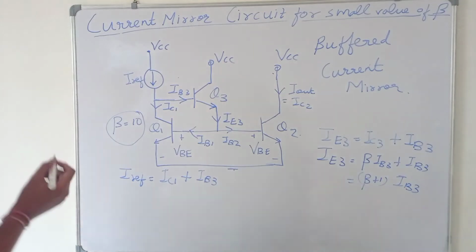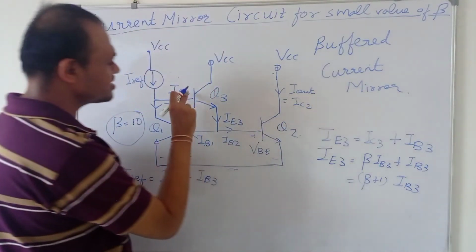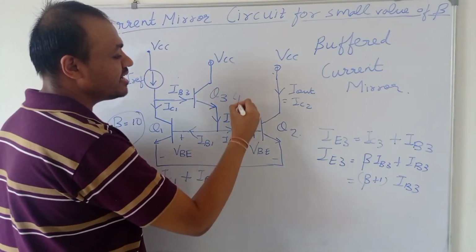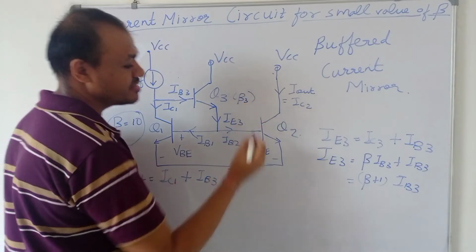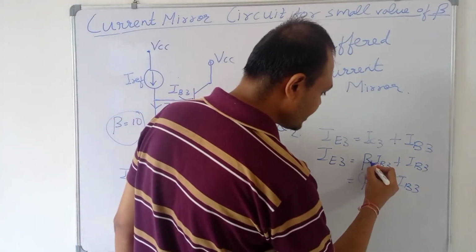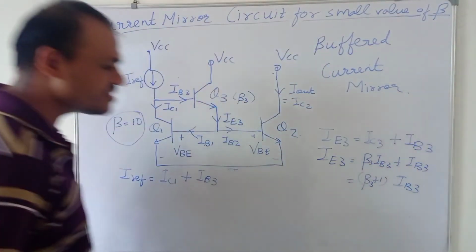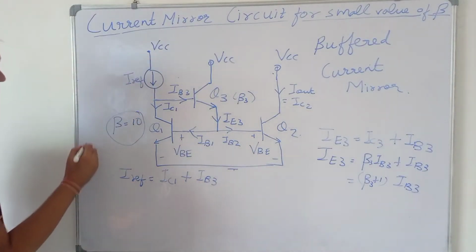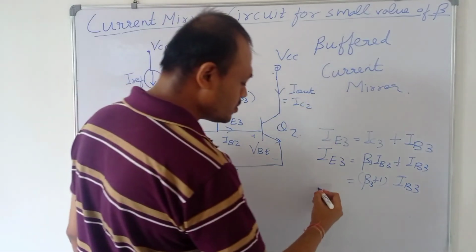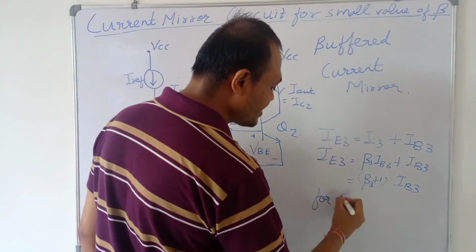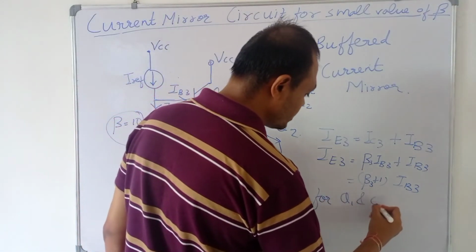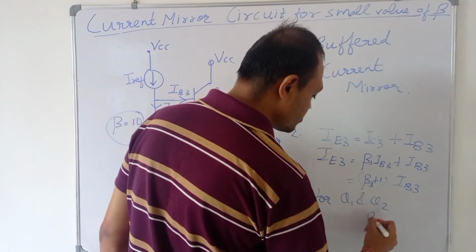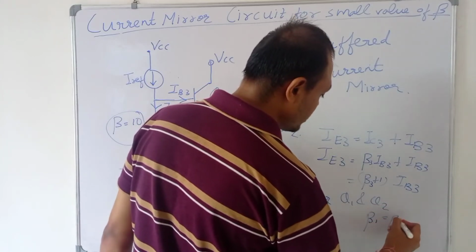Let's take the beta of transistor Q3 as beta 3. For Q1 and Q2, I am assuming their betas are the same, so beta 1 equal to beta 2 equal to beta.